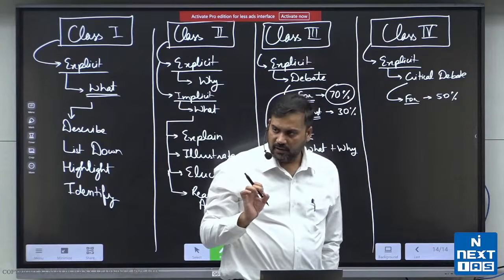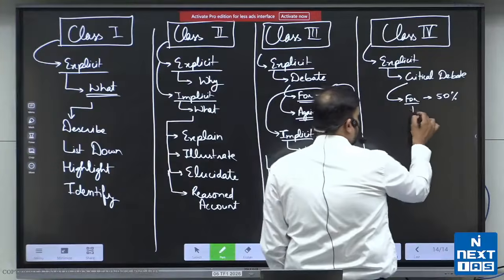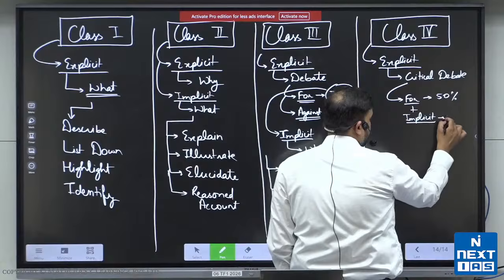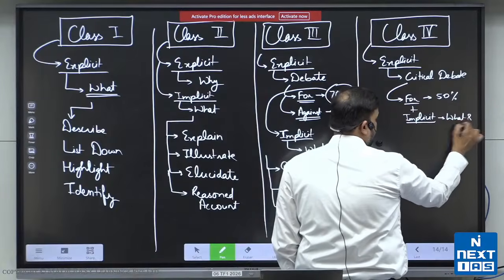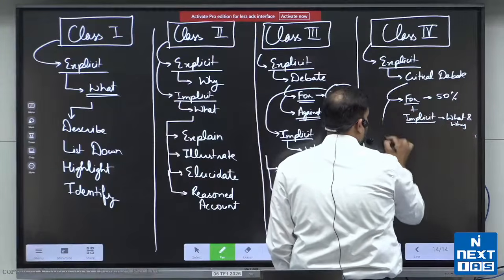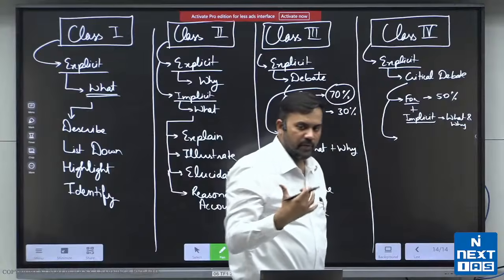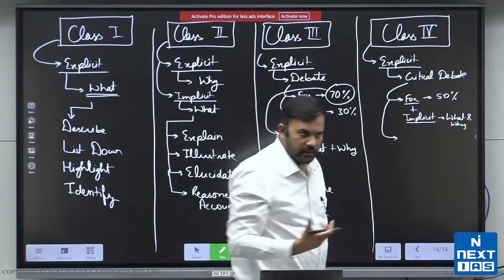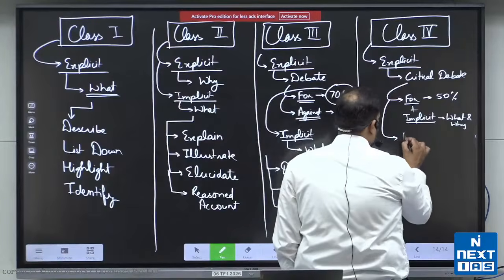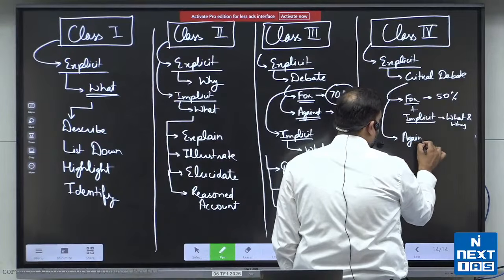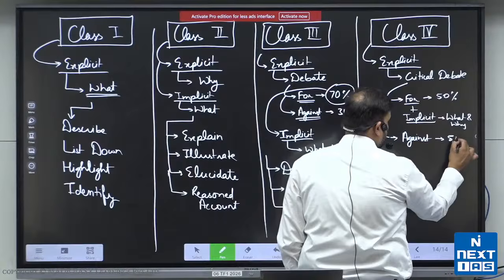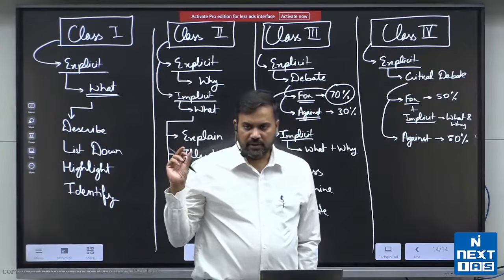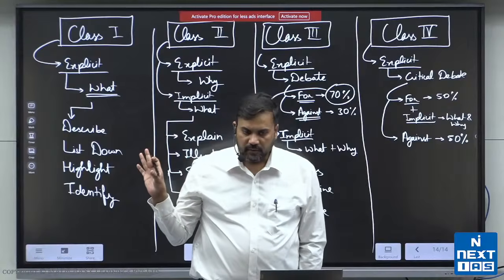Implicit is also included. ठीक है? Implicit which includes what and why, and here I will increase the amount of the share of criticism. ठीक है? So here against, if you talk about, will be also 50%. वहाँ पे criticism was only 30%, here it becomes 50% of the space.